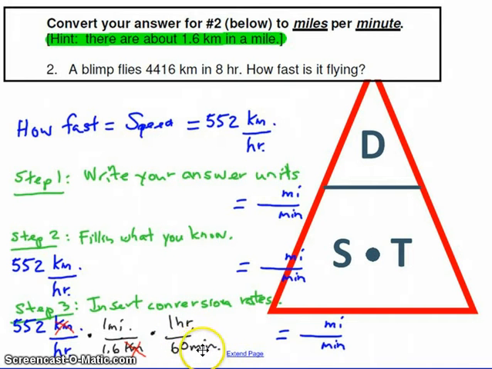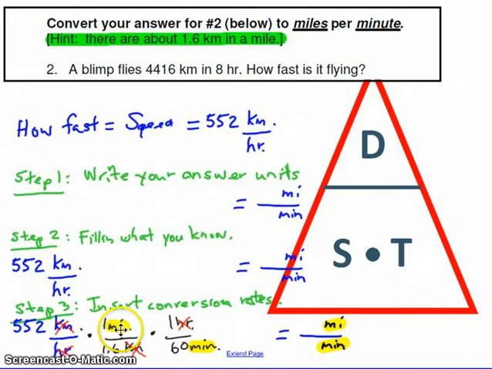This time I just went ahead and put them in the right place, because I hope you notice I've got to have minutes on the bottom, because that's the answer I want, is minutes on the bottom. And I need hours on the top because I want those to cancel. Sure enough, they do. And now notice I've got the units I want, miles on top, minutes on the bottom, and I don't have any more units. Once that's true, once you have only the units you want and no others, you've set your problem up.